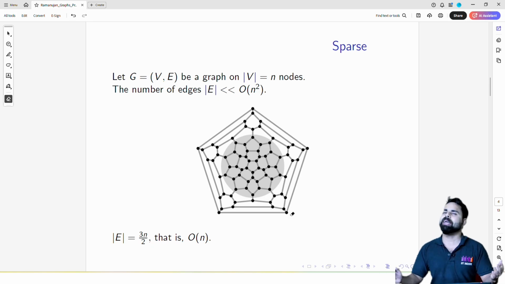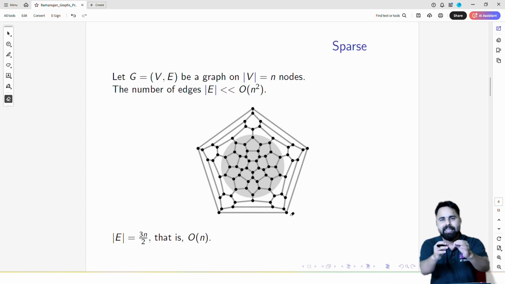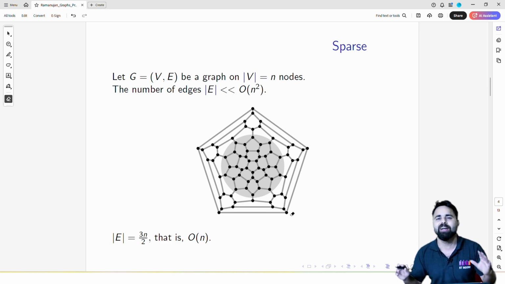Very typical kinds of graphs are d-regular graphs, where the degree d is some constant. What are the edges in a d-regular graph? It's d times n by 2, where d is constant, so it's order of n. As n increases, d is fixed, and the number of edges grows linearly rather than quadratically.